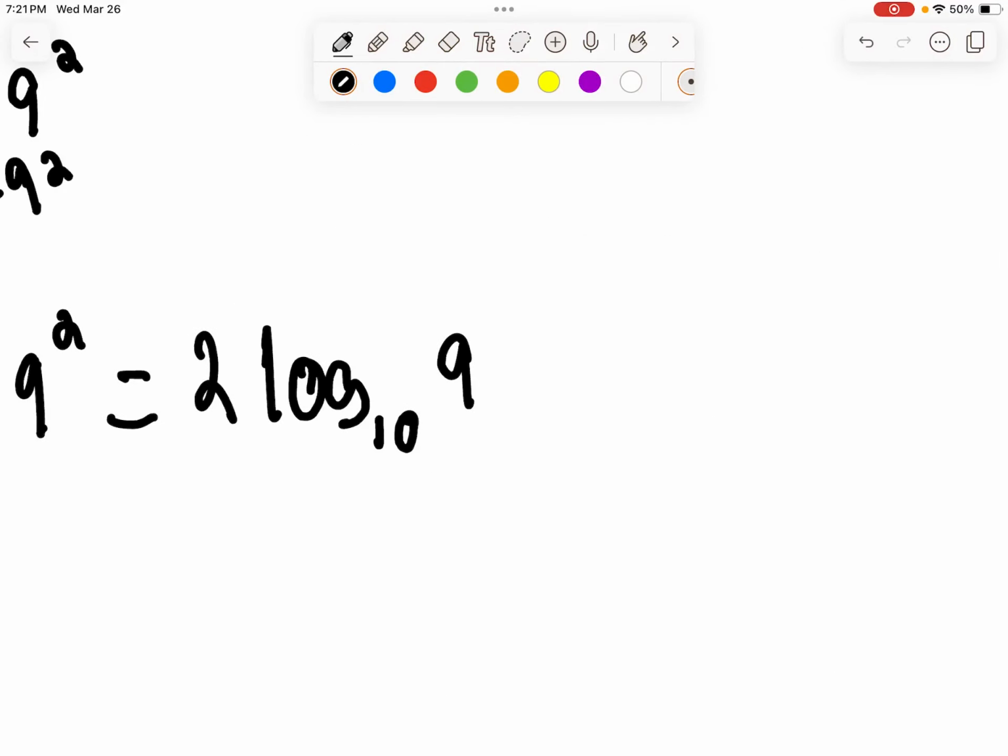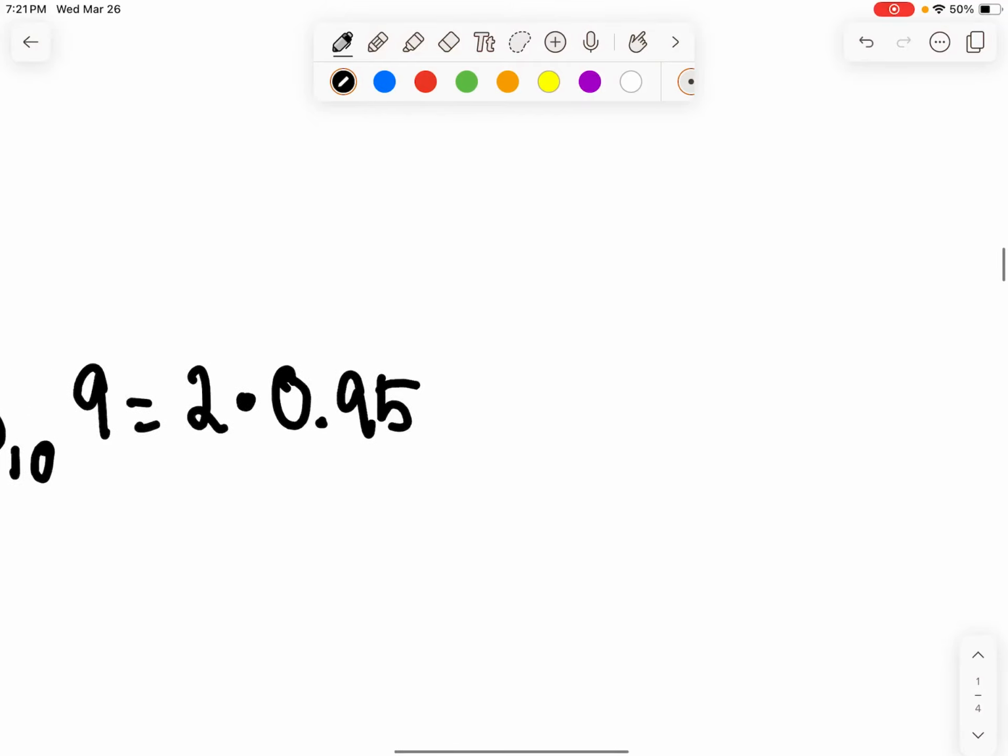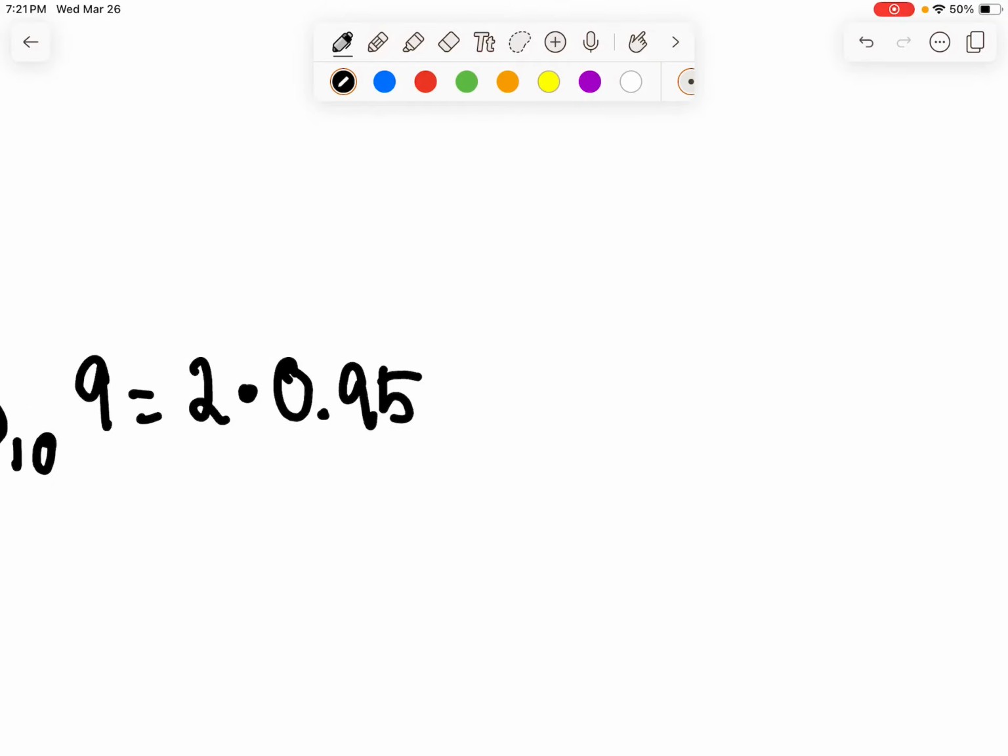So we can rewrite this once further. It's 2 times 0.95. And since I am very much into my math journey, I have now forgotten basic decimals, so I need to go look this up. This is 1.9. Definitely knew that off the top of my head. Just pretend like I did.